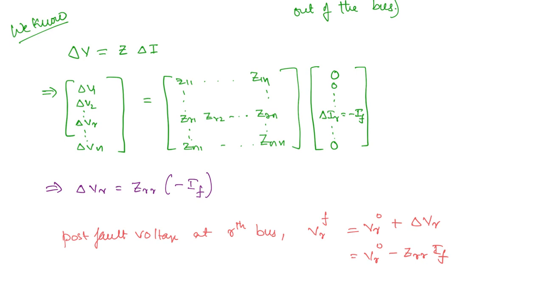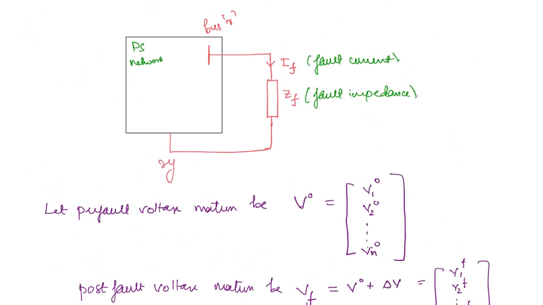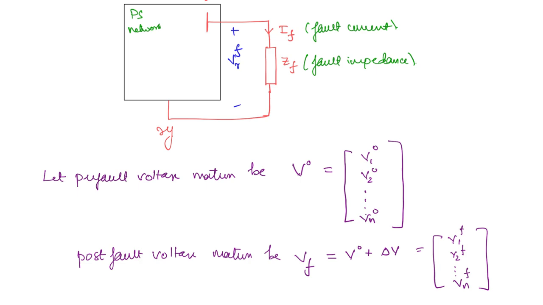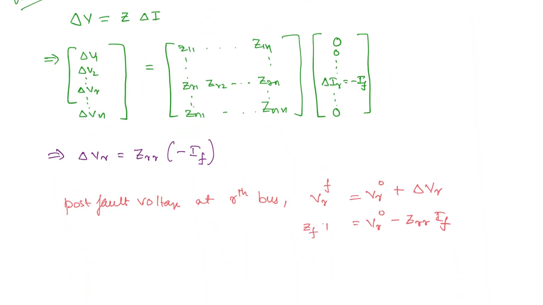Now what will be VRF here? If you see this diagram, the post fault voltage is nothing but this here. This is equal to ZF into IF.